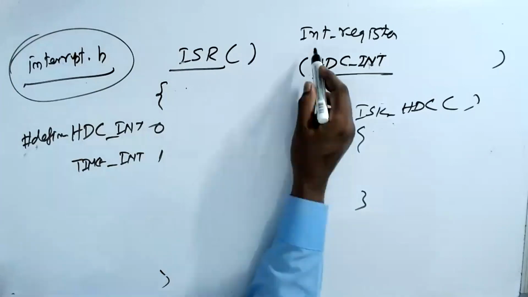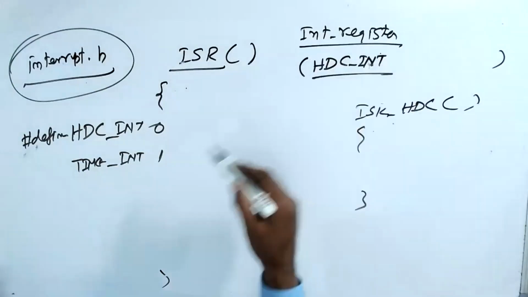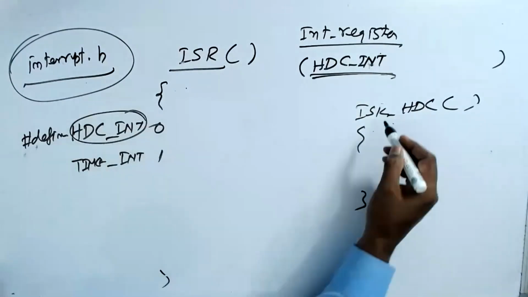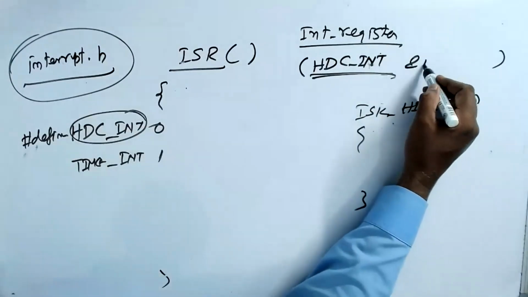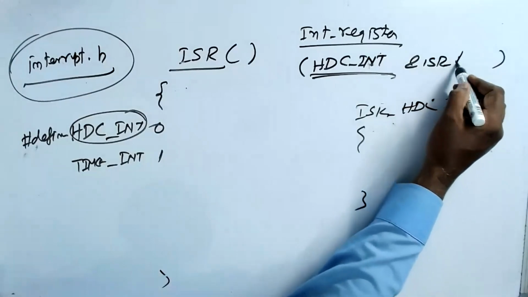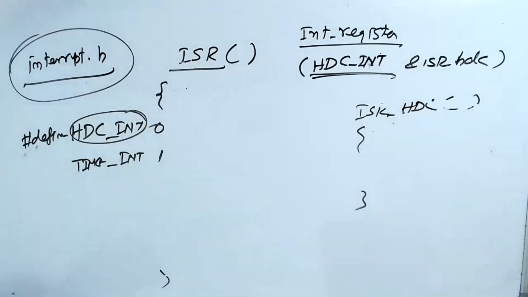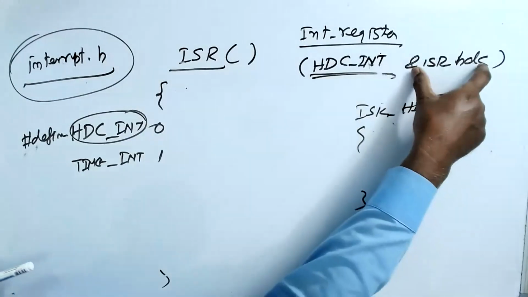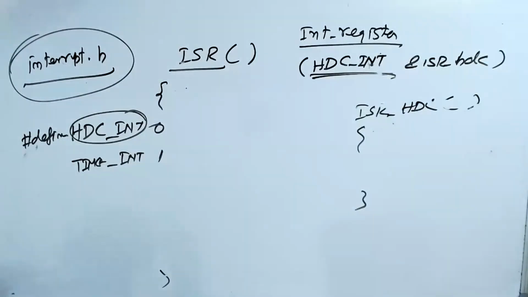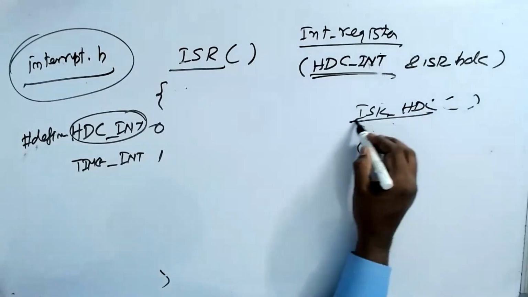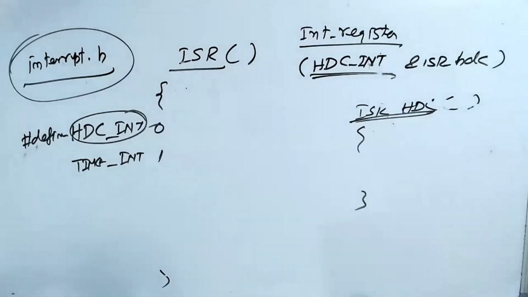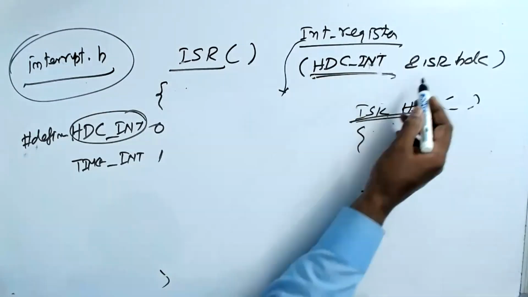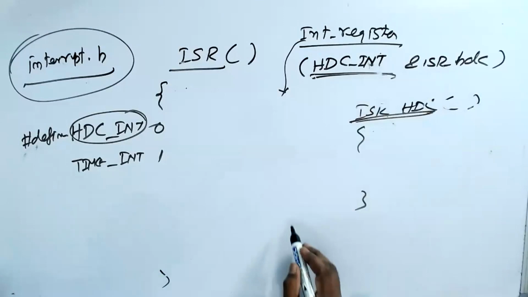Now, when you call the interrupt register function, you give the interrupt number and you give the address, ISR HDC. You understand? You are giving the interrupt number and the function address. That's it. This will go to the interrupt register and it will hold it in a table in memory.